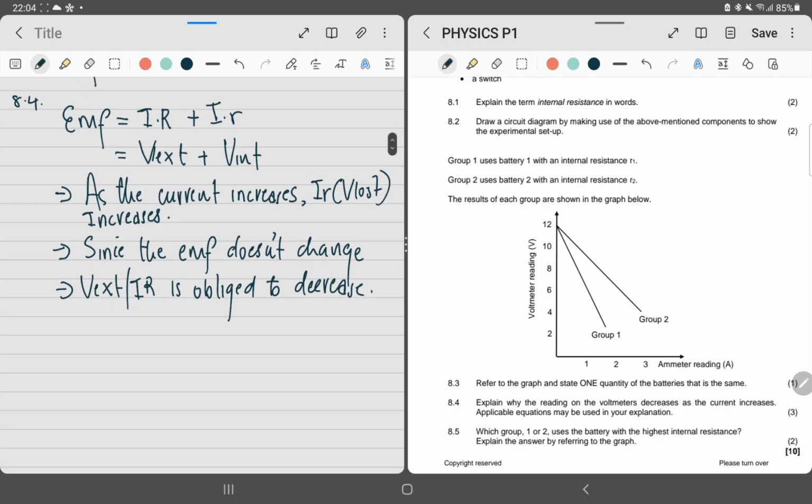We can use values so that you can see what this means.